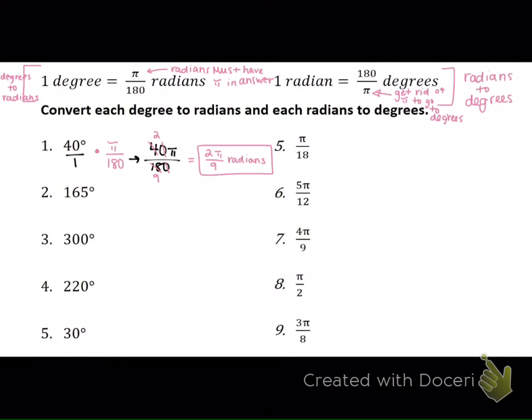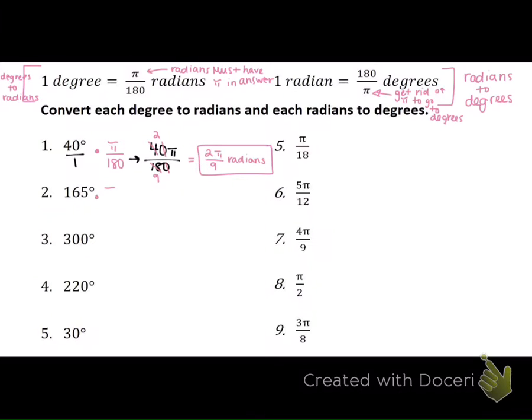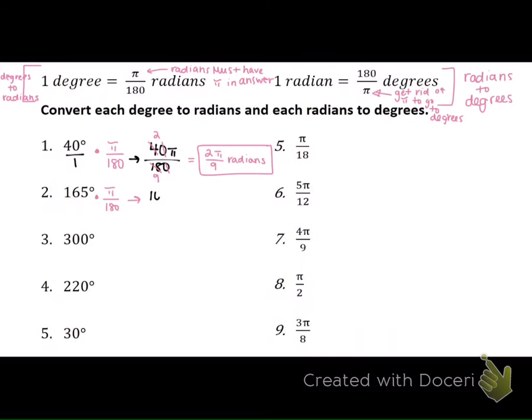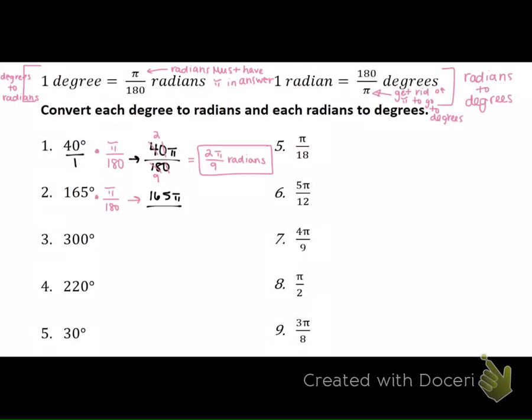So again, if there is a degree in the original, we multiply by pi over 180 because a radian needs to have pi in the answer, so it needs to be in the numerator. So we would have 165 pi over 180. What goes into both 165 and 180, guys? 5. Okay, so we divide 165 by 5 and we get 33.